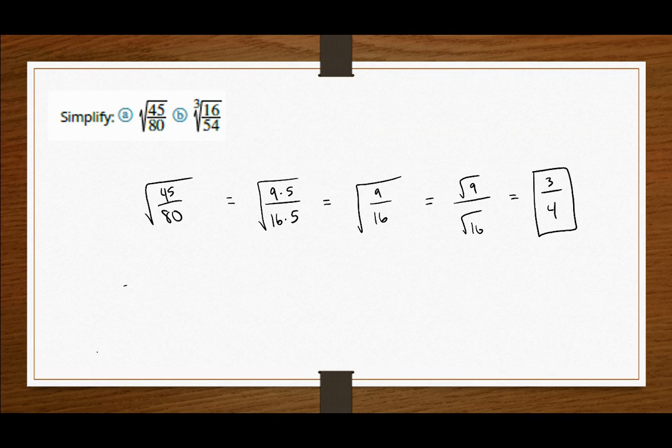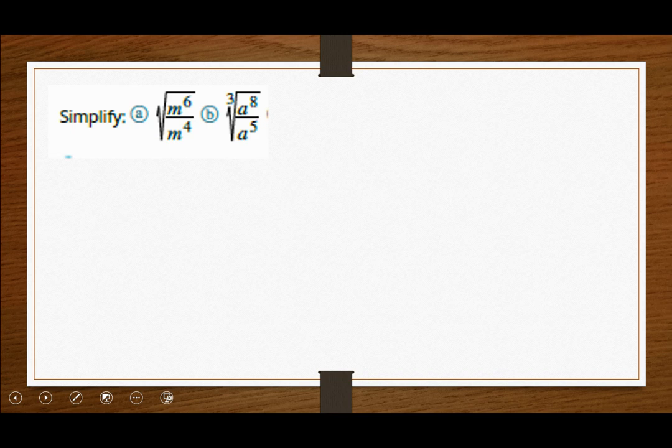Let's use as well some of our exponent rules to look at an example with variable expressions. Take a look at part A here. I'm asked to find the square root of m to the 6th divided by m to the 4th. Again, I would not necessarily want to split this up immediately and find the square root of m to the 6th and square root of m to the 4th, although that's fairly easy in this case. The expression here can be reduced by subtracting the exponents.